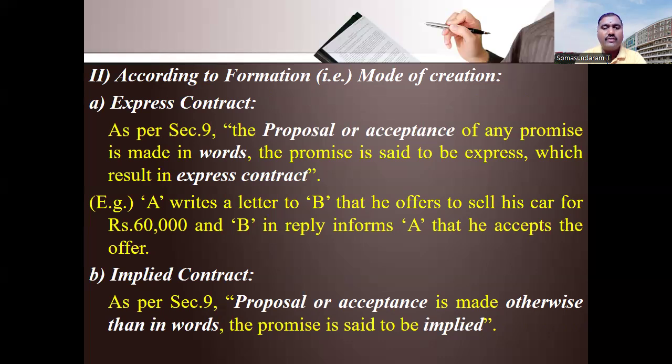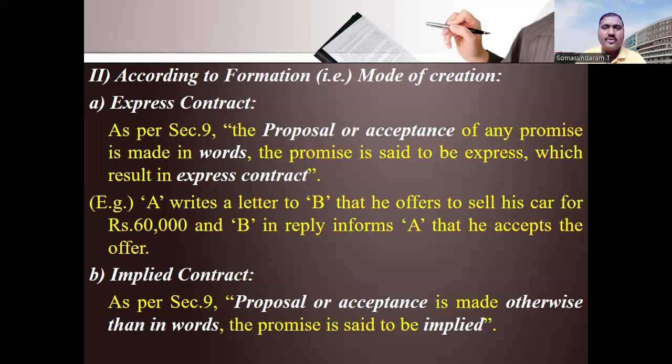Section 9 of the Indian Contract Act says that any proposal or offer made by a person to another person, if it is made express in terms of words, is called an express contract. When the proposal or offer is made by party A to party B apart from words, it is called an implied contract.